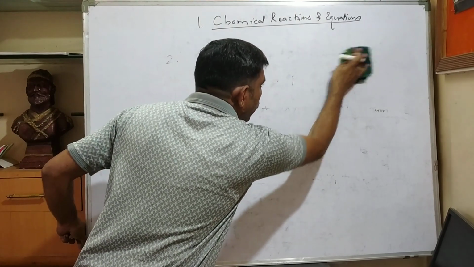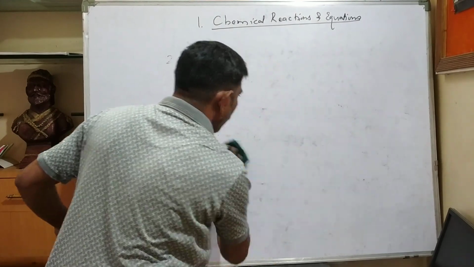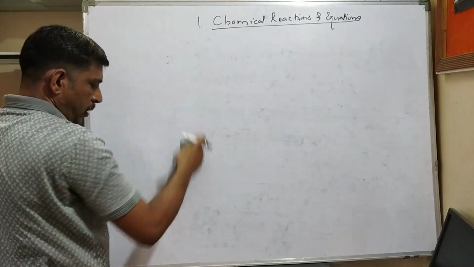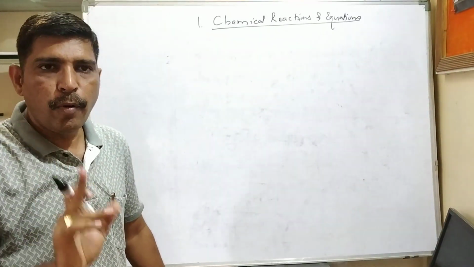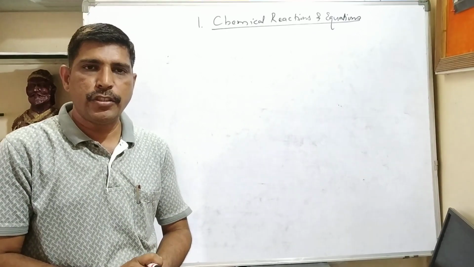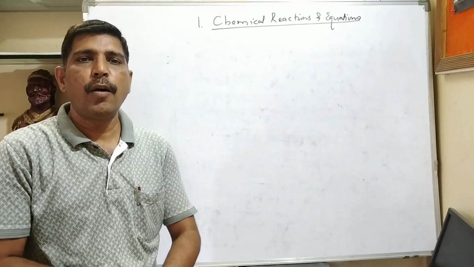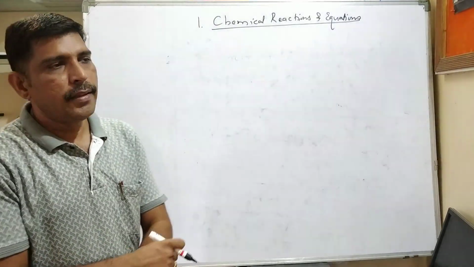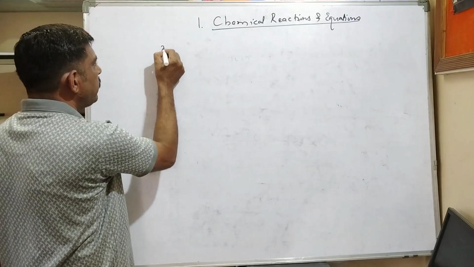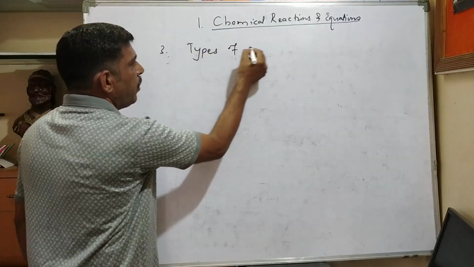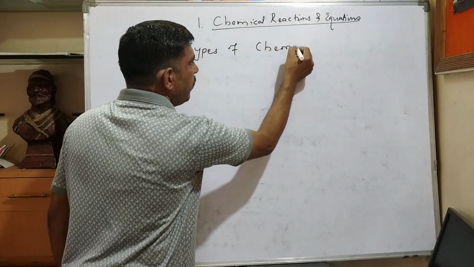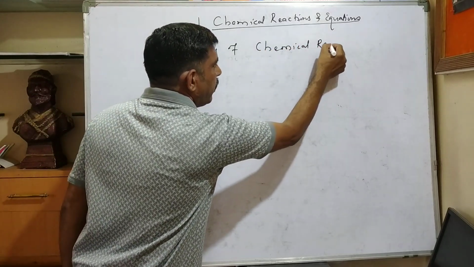Then the third and very important point. Till this time we have learned about two parts: first, what is chemical change, and second, how to balance the chemical reaction. Then the third point is very important, that is types of chemical reaction.